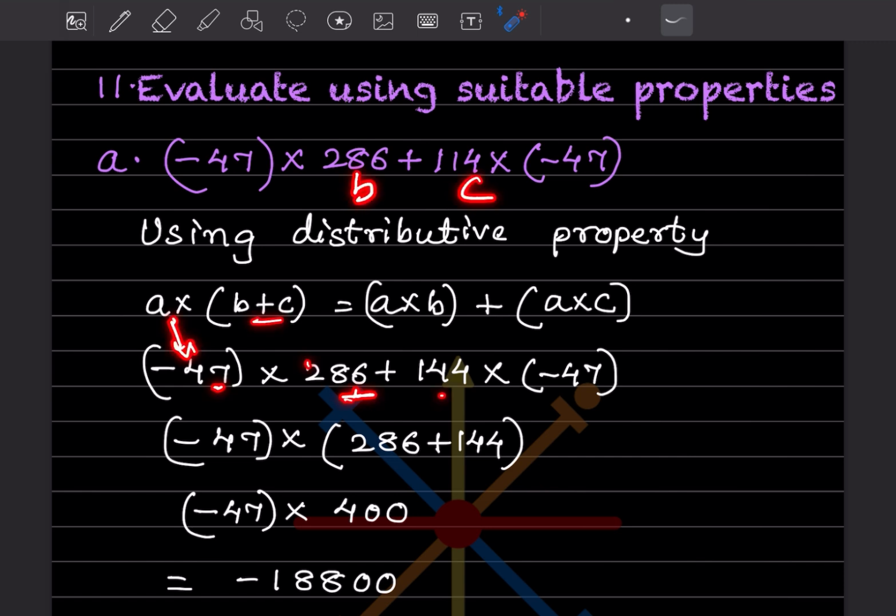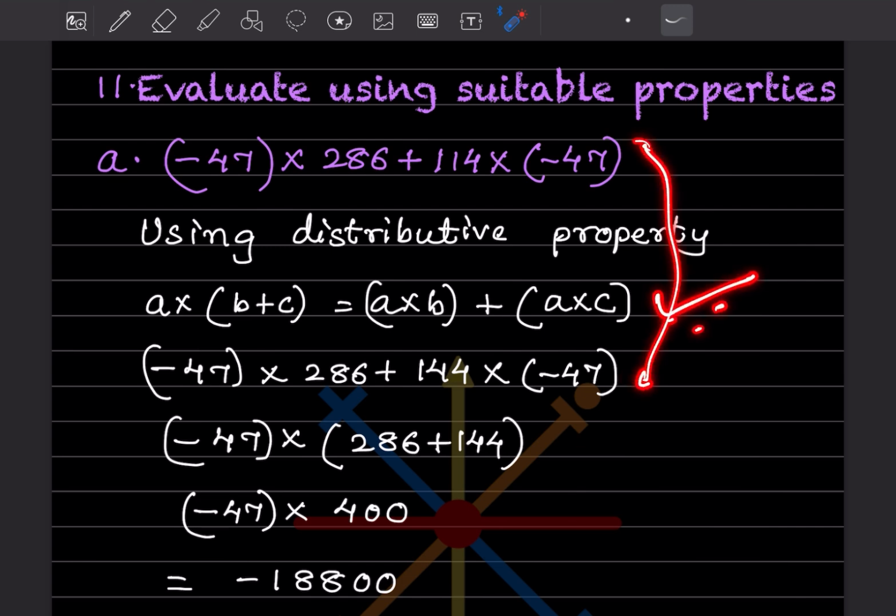So 286 plus this one. Sorry for this. Then B is here. So we can write A into C. This is the distributive property given. The same thing is written over here.